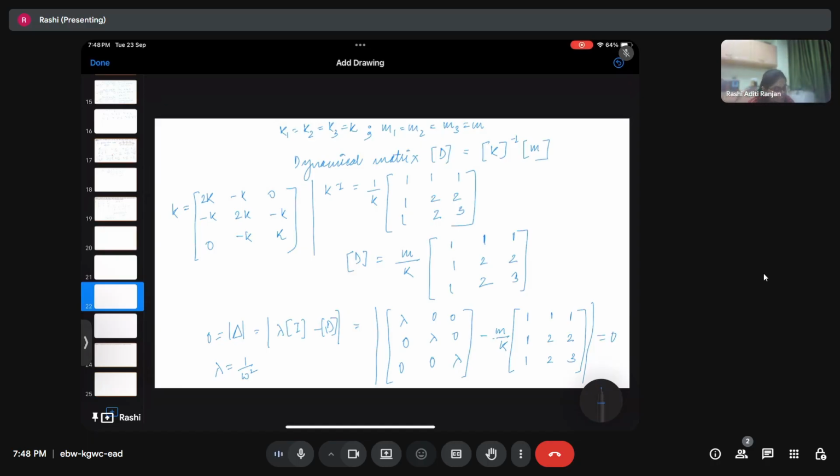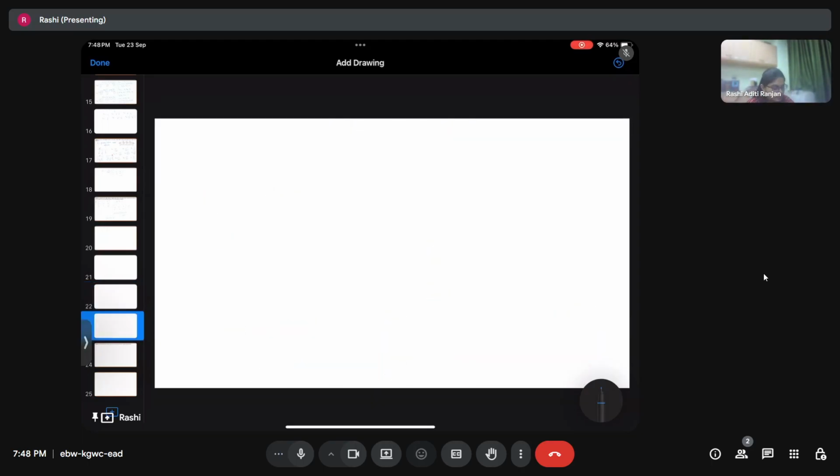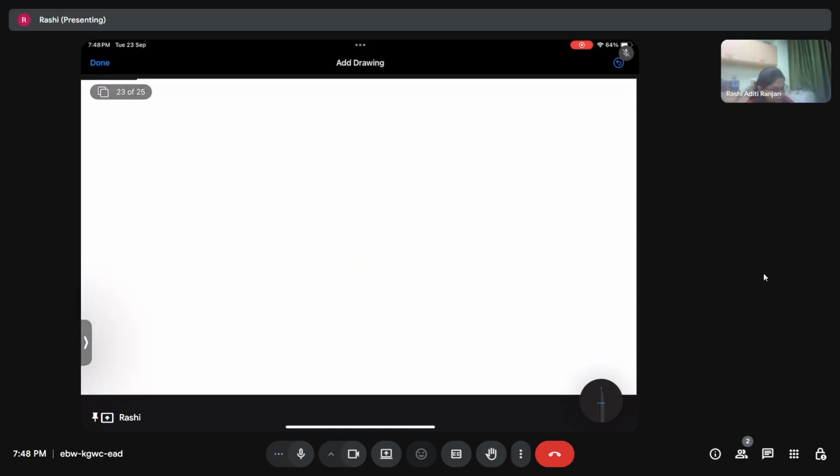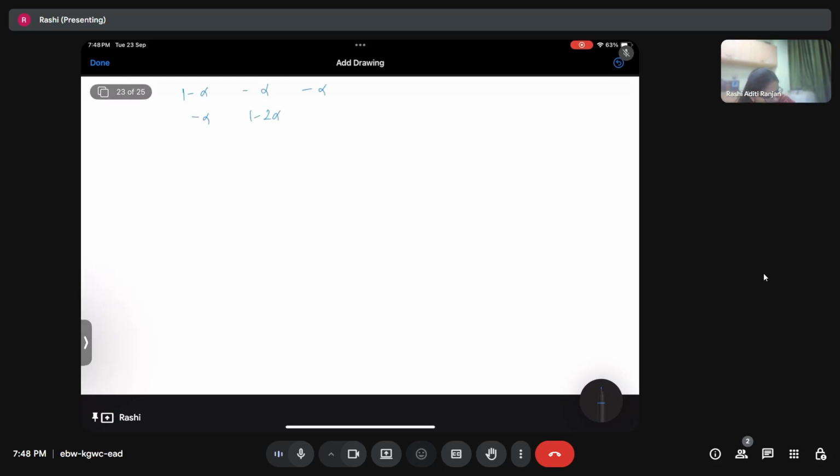So we can just assume alpha as M by K into lambda. So then we get the equation as [1 - alpha, -alpha, -alpha; -alpha, 1 - 2 alpha, -2 alpha; -alpha, -2 alpha, 1 - 3 alpha]. This is going to be equal to 0. Okay, I hope this is clear.